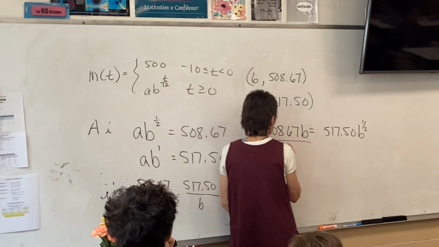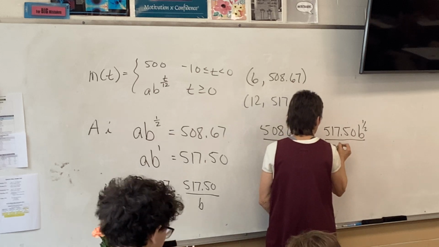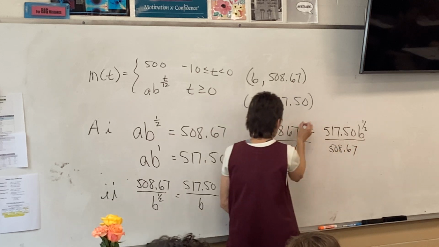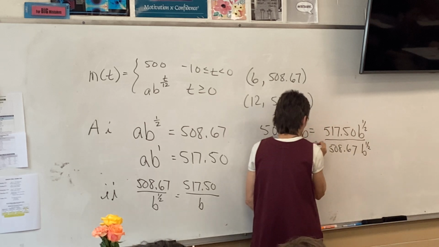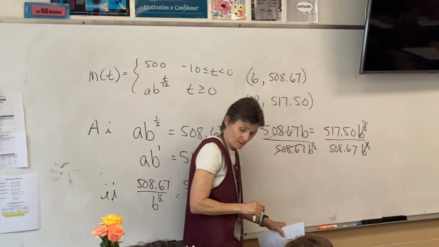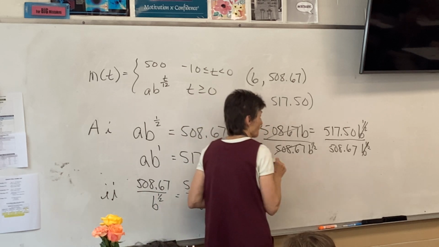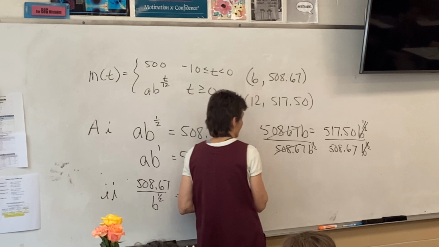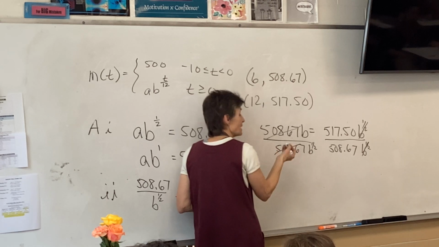I'm going to divide by 508.67 and by b to the 1/2. What's b over b to the 1/2? Yeah, it's b to the 1/2.